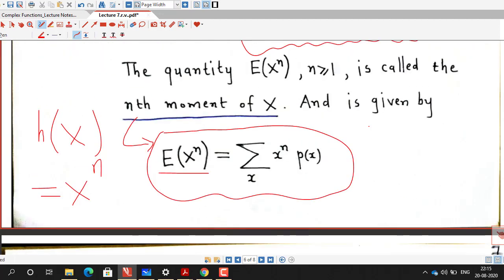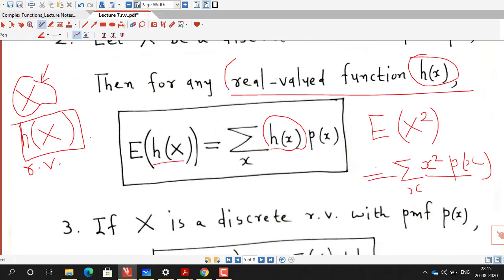Again we are using that remark here: expected value of a function of X is nothing but sigma h of x into p of x for any real valued function h of x.